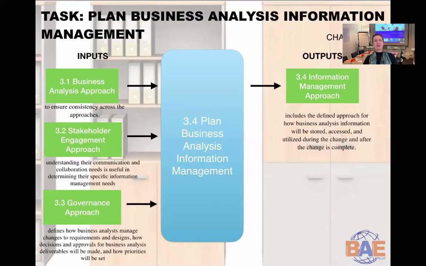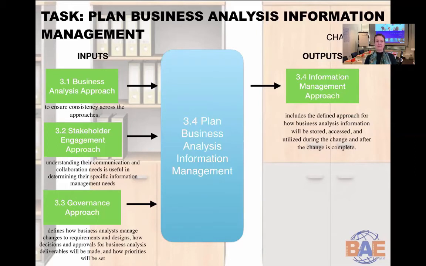Whereas if we decide we're going to work on an iterative style project where the methodology is a certain methodology, maybe agile based, that has affected our business analysis approach, which we defined a little while ago. And because of that, that information is going to be needed for us to know how to manage our information in terms of information management.